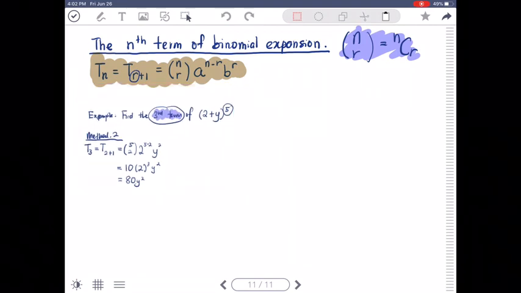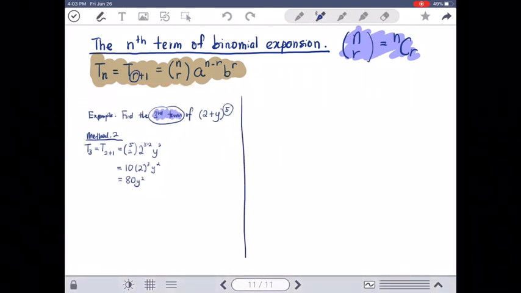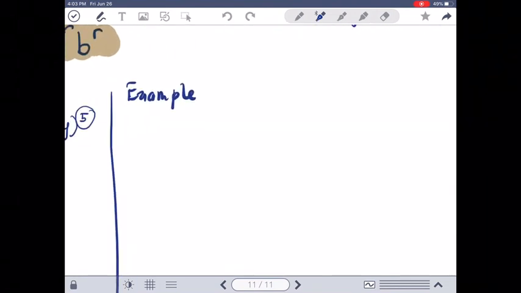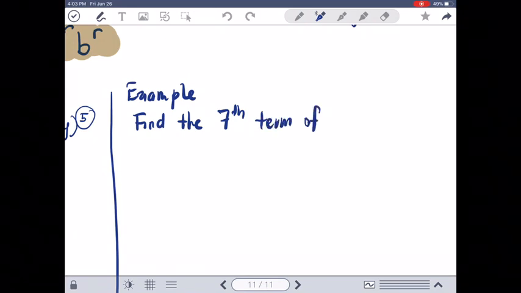One more example. Say, find the 7th term of the expansion, maybe, of (2x plus 3) to the power of 10.